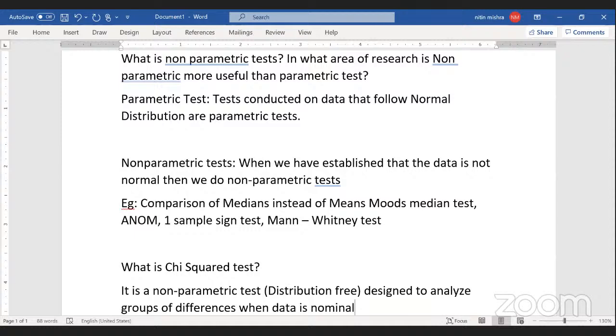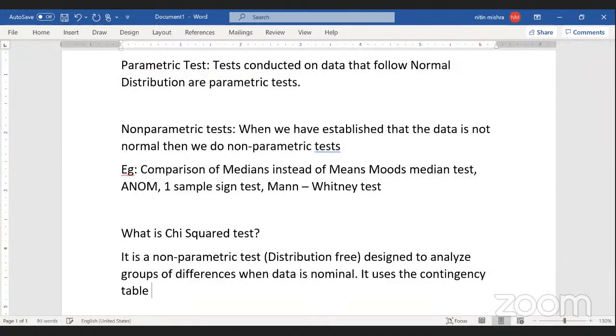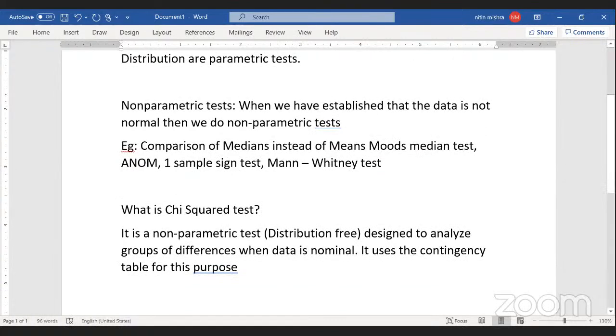That is what the textbook definition is all about. It uses the contingency table for this purpose. All right.